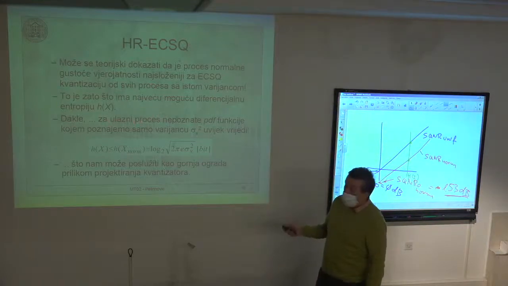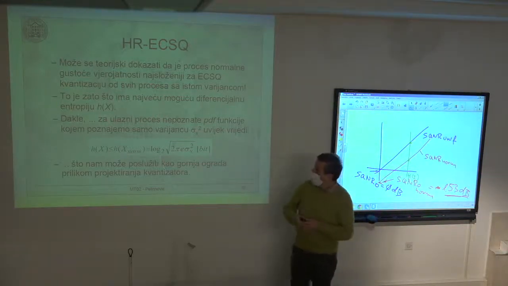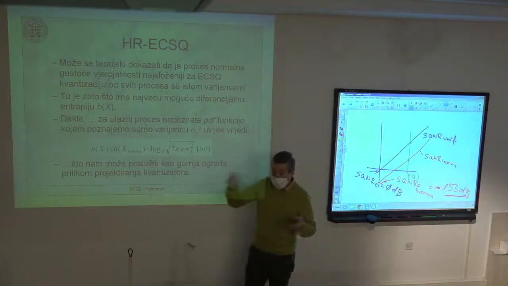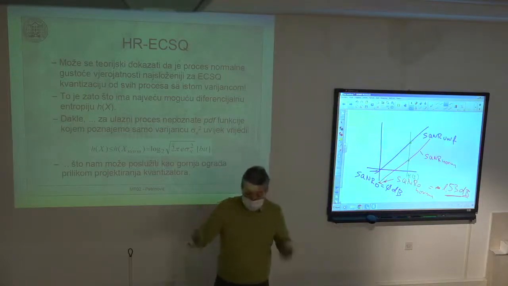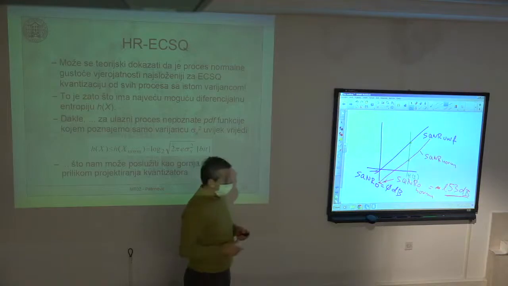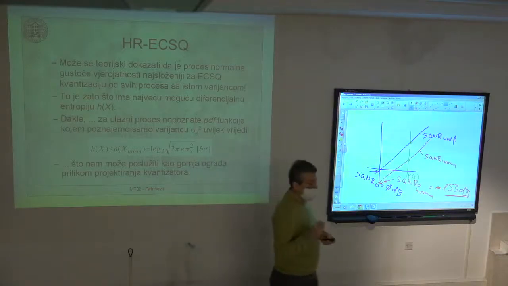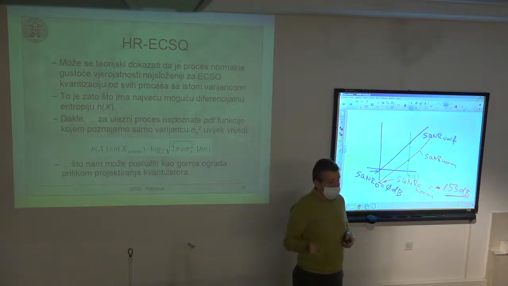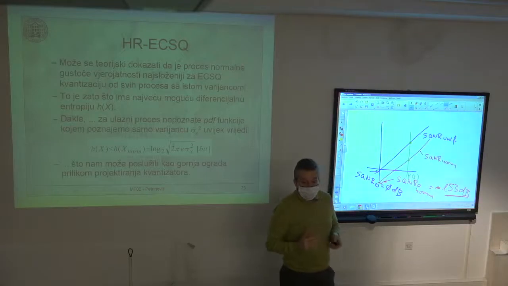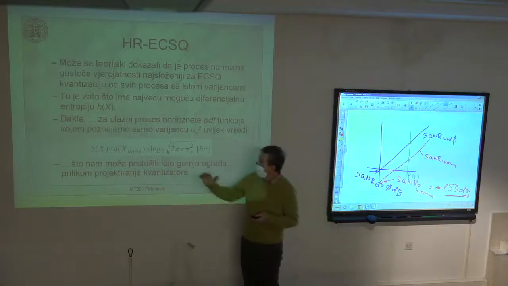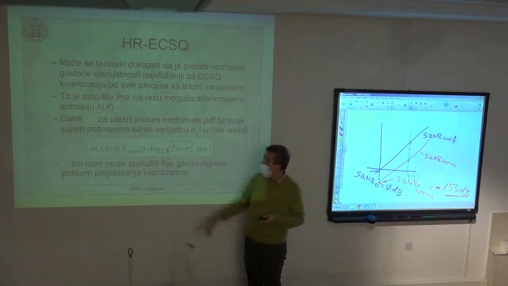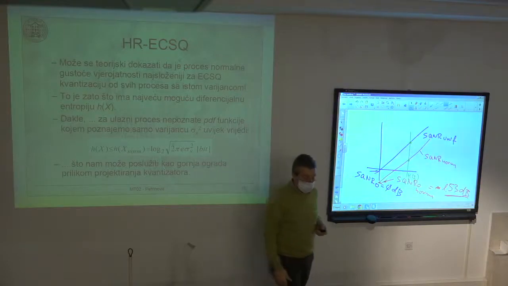In that sense, if you don't know the PDF of the input process, so it is some arbitrary distributed signal, then you can always use normal distribution as a worst case scenario. So it is the lower bound. So the worst you could achieve is normally distributed quality for the normally distributed process.